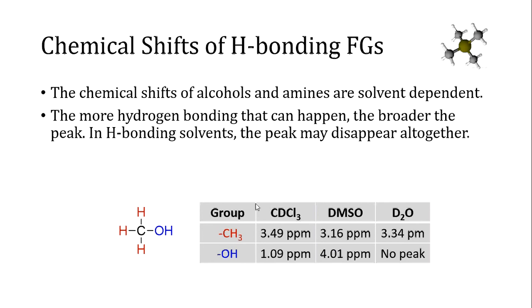It changes a little bit because the solvent polarity changes the overall electron density of the whole system, but the OH group has a chemical shift that varies from 1.09 parts per million in chloroform to 4.01 parts per million in DMSO to not being visible in deuterated water because of hydrogen bond mediated proton exchange.